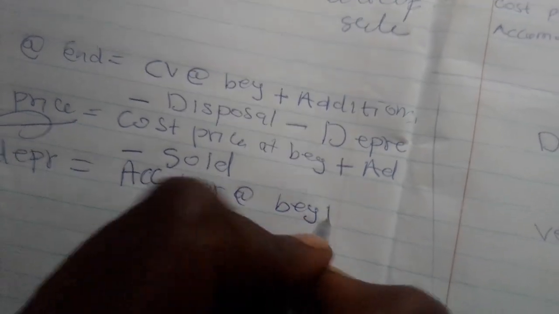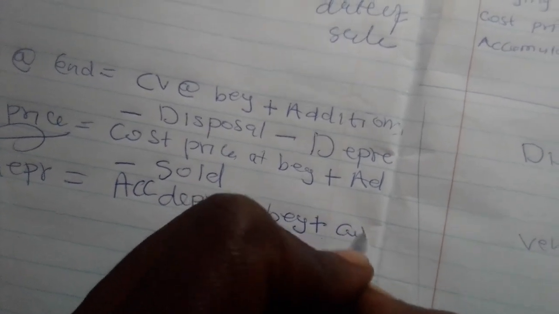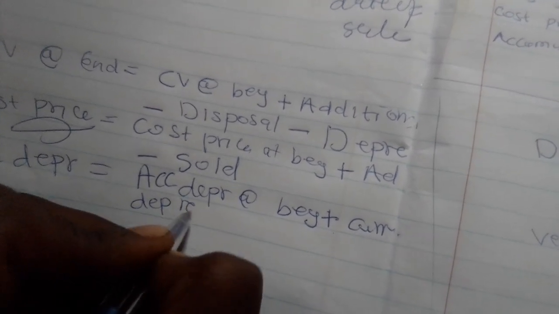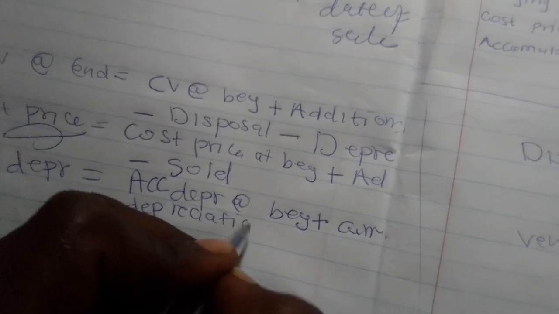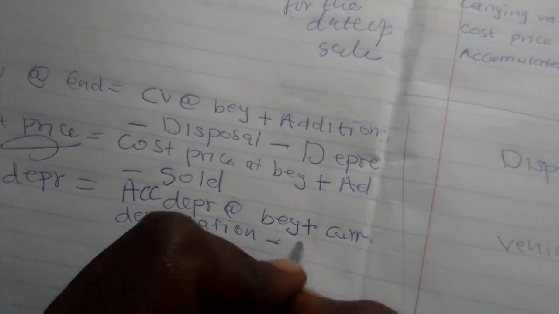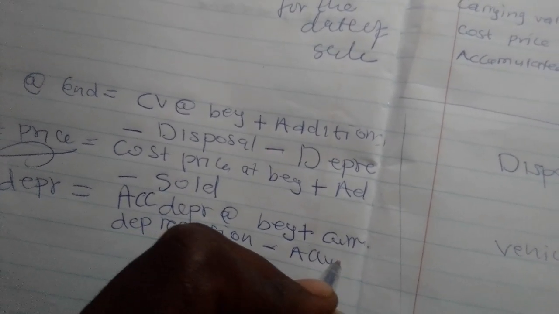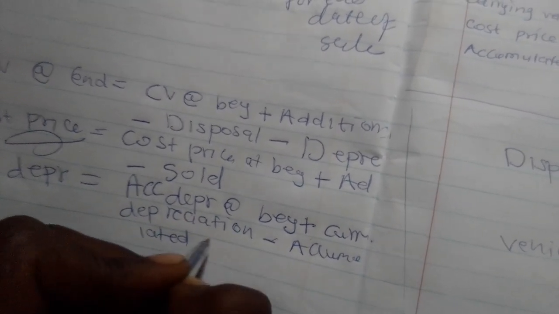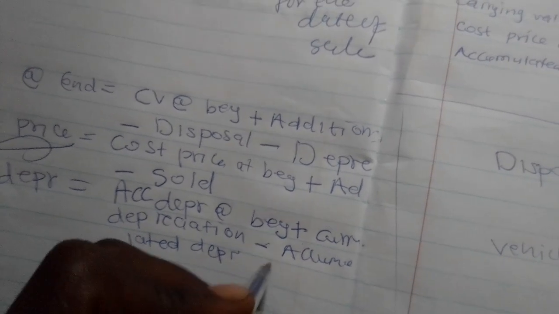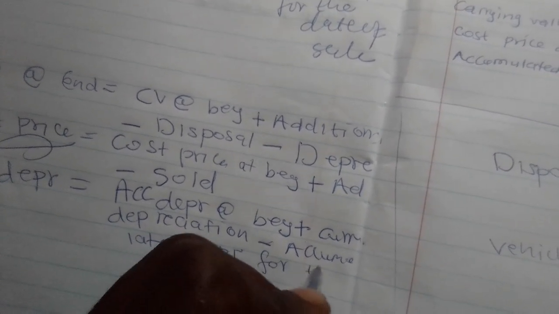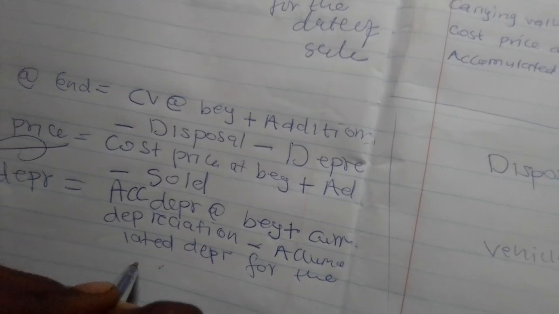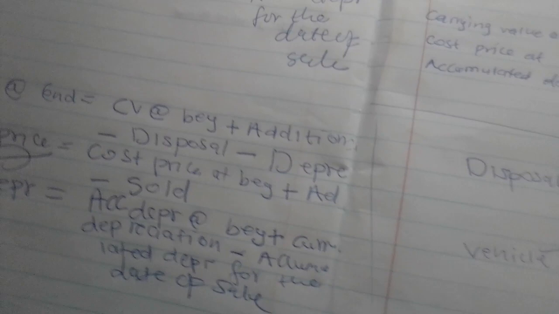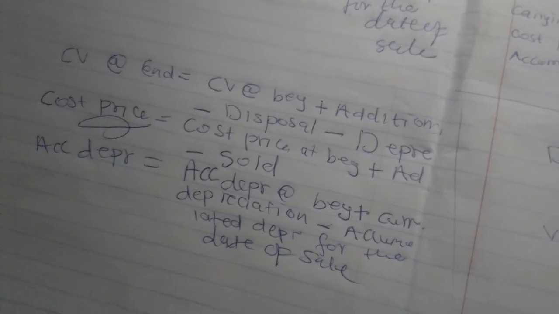Then you add the current depreciation, and you less accumulated depreciation for the date of sale.